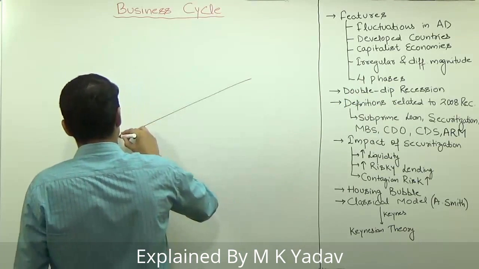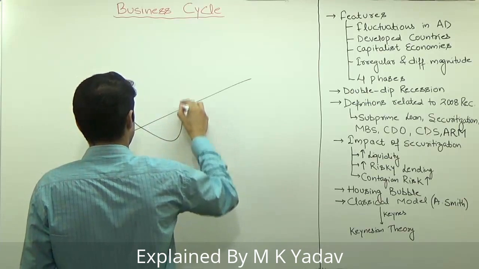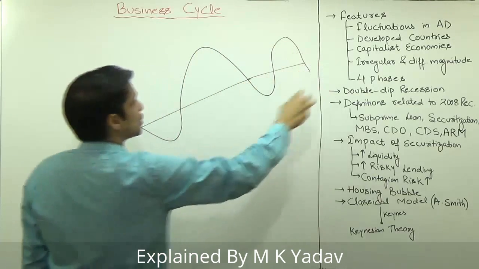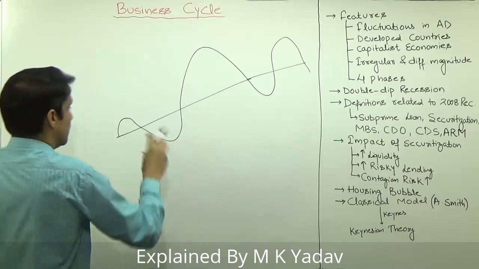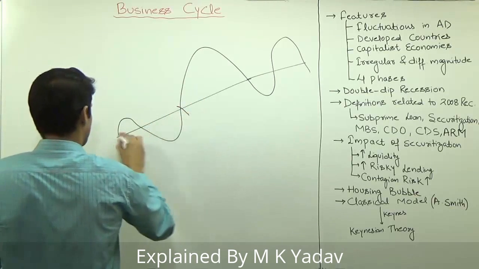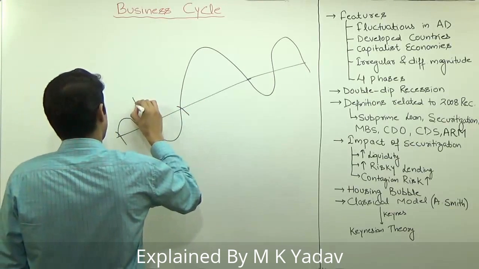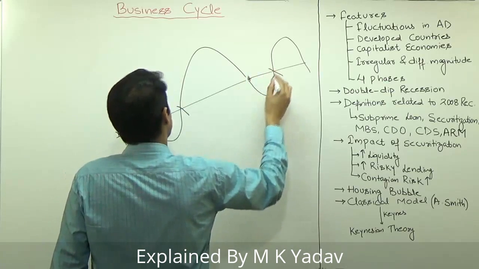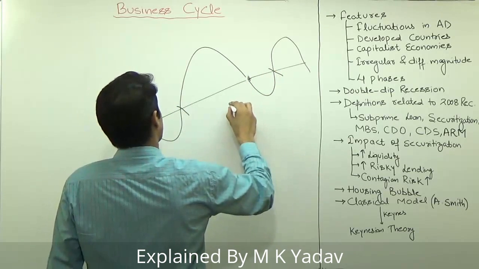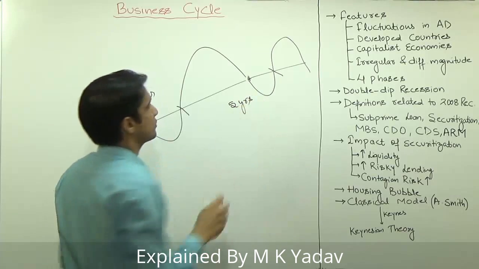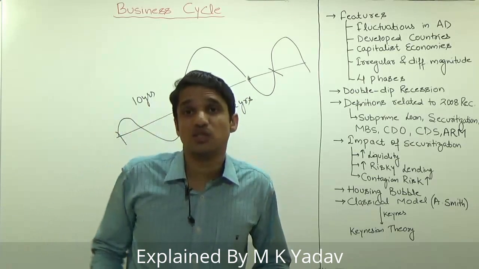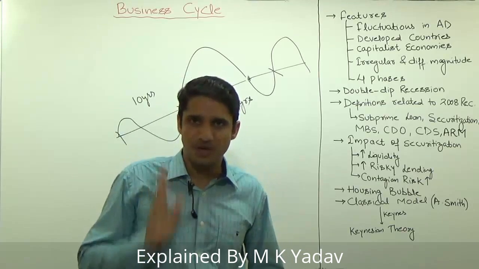Then the upswing and downswing phases are irregular. Suppose this is the first phase and it lasted for 10 years. It's not necessary that the second phase will last for 10 years. It can last for 5 years also. It depends. The recession came in the 1930s. That recession was huge, a big depression.